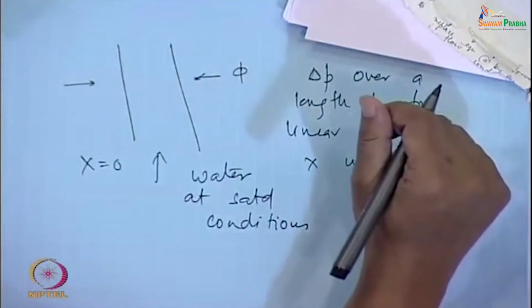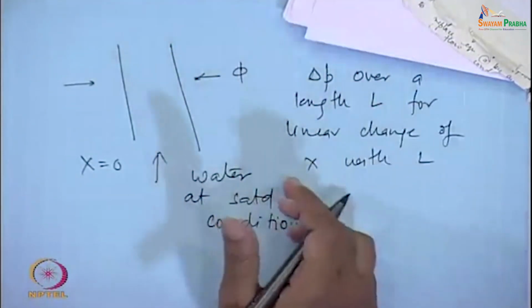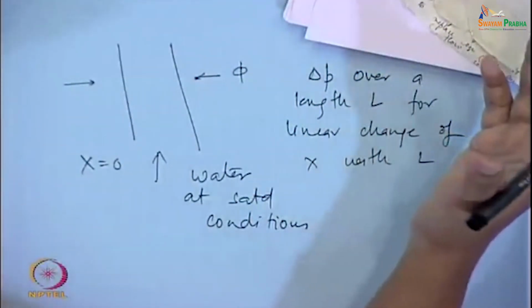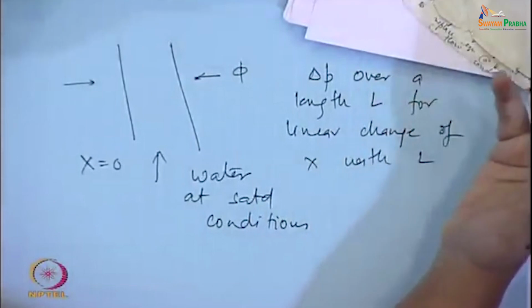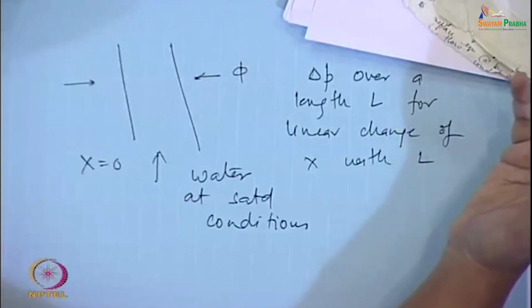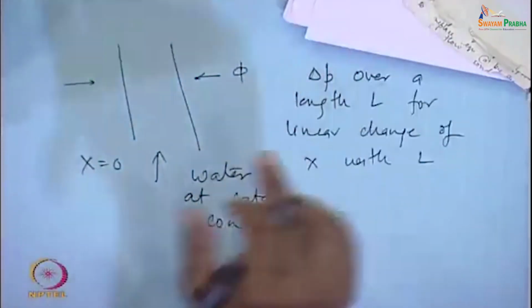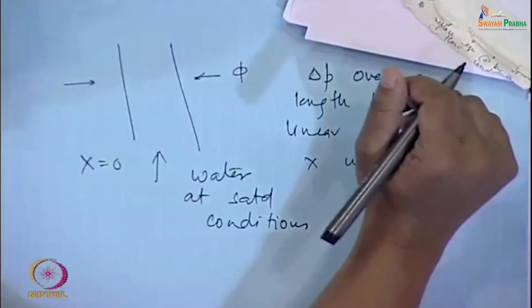My question is that we have a vertical pipe, vertical pipe implying that more or less all your gravitational force, frictional forces, acceleration forces, all of them are there, agreed. And in that particular vertical pipe I have introduced water under saturated conditions.